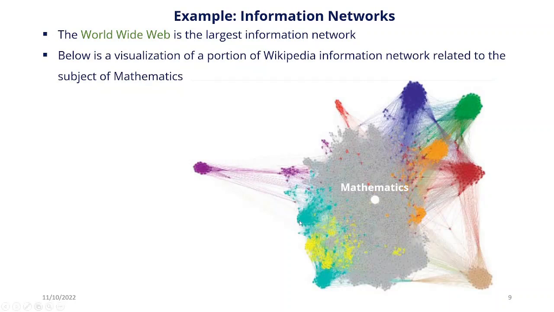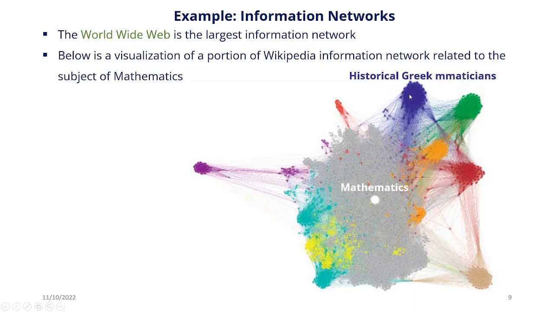The big white node in the center is the subject mathematics itself on Wikipedia, and all the other nodes you see here that are drawn in different colors represent various sub-subject areas of mathematics. I'm not sure all of them are captured here because I know some areas of mathematics that are not captured in this diagram, but nevertheless, let's see how much we can see from this diagram.